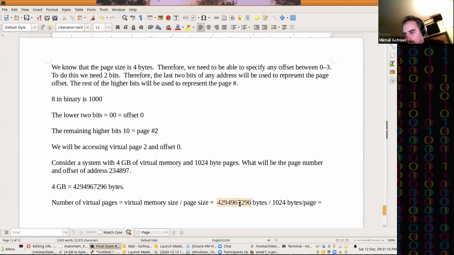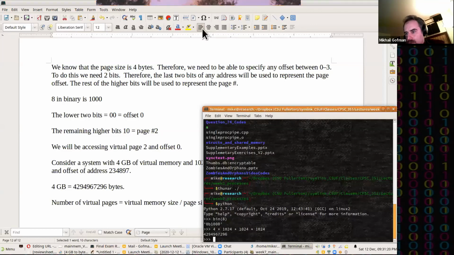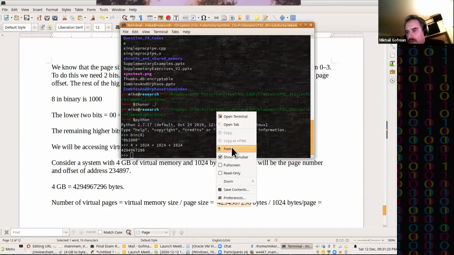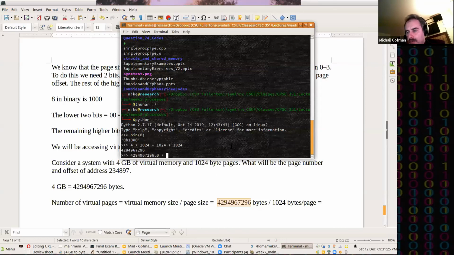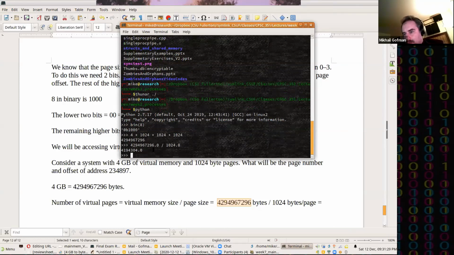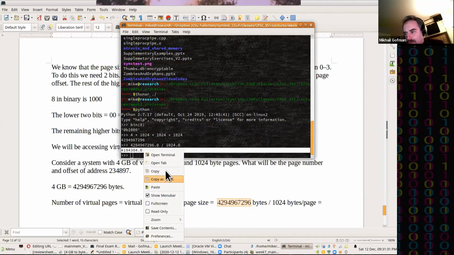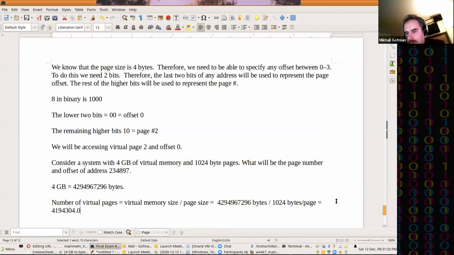I'm going to use the Python calculator for this, divided by 1024, and this is how many pages I'm going to have.